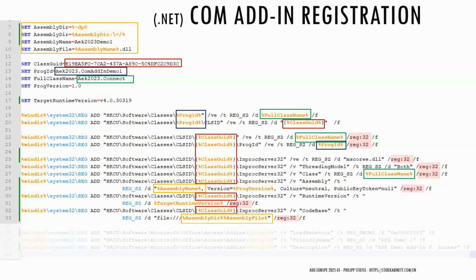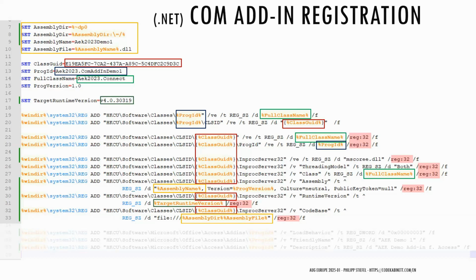Here is an important bit. I use the reg32 switch at the end to write to the 32-bit section of the registry. And finally, I also define the .NET version that should be used to run that add-in. And that's also specific to .NET.